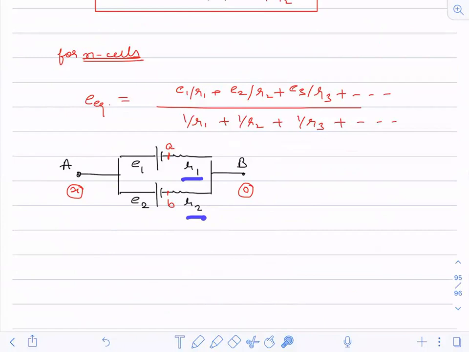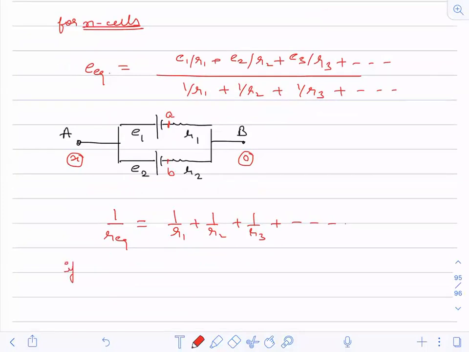Parallel, very good. So if they are connected in parallel, for R equivalent, what will you do? 1 by R1 plus 1 by R2 plus 1 by R3, and so on.